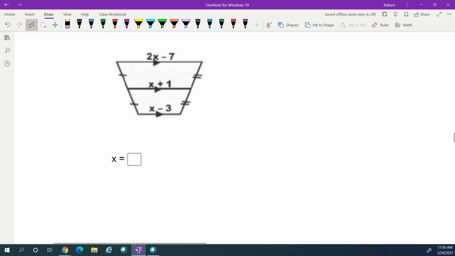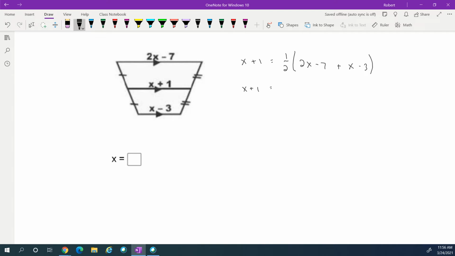In this question, we're working with the bases and that median or midsegment, and we have one formula for that. The median of a trapezoid equals 1/2 the sum of the bases.